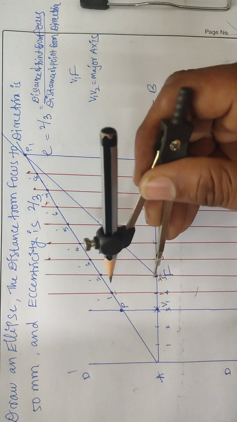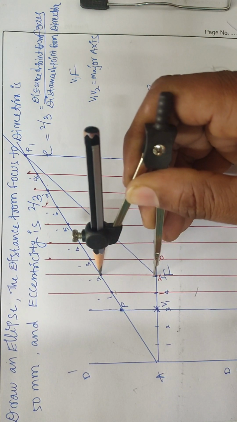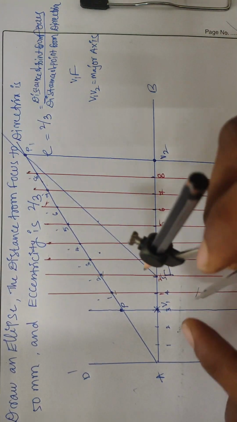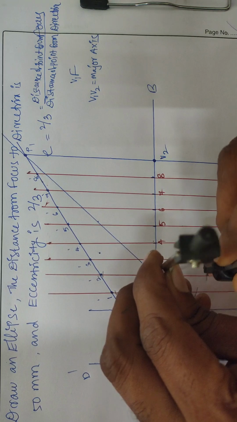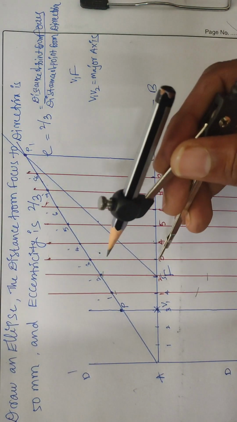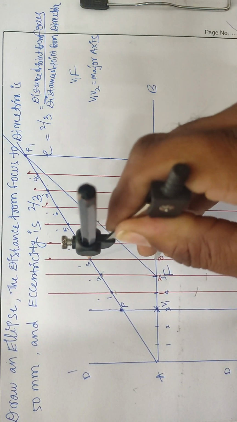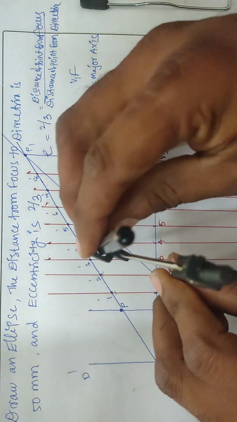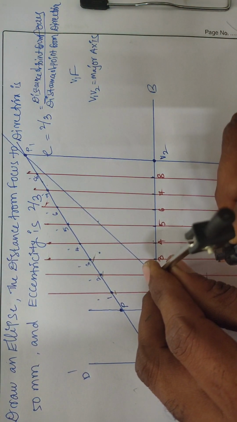Then take the 2 to 2 dash distance in the compass, same focus as center, and draw arcs on 2 sides of the line. Next, take the 3 to 3 dash distance in the compass, focus as center, and draw arcs on the third line as well.